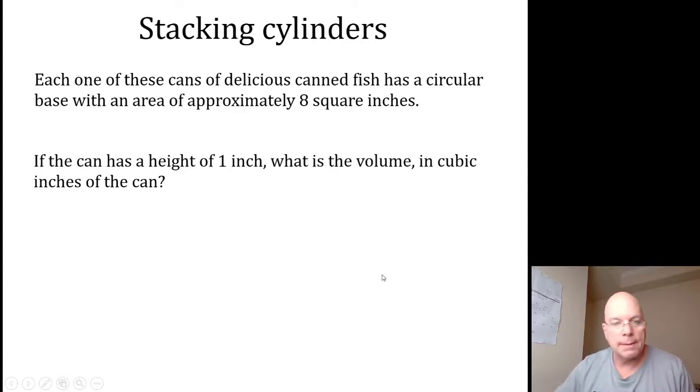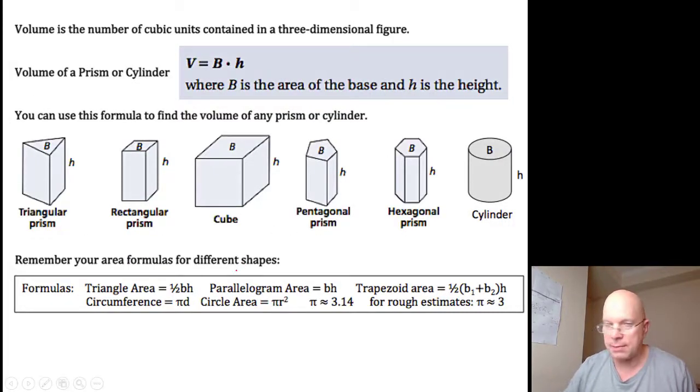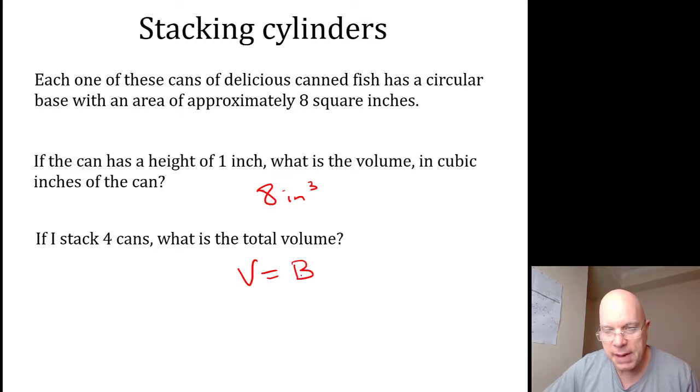So the answer to this one would be 8 inches cubed for 1 can. If I stack 4 cans, oops, got ahead of myself. If I stack 4 cans, it would just be area of the base multiplied by the height. Well, this is the area, almost messed up.